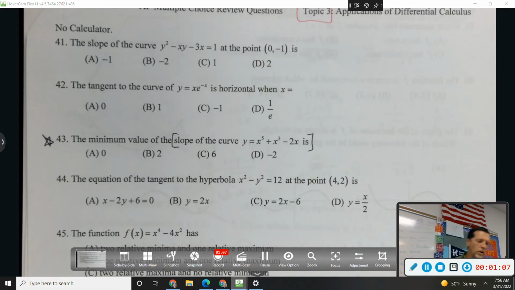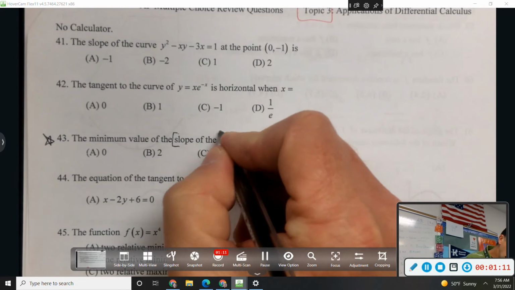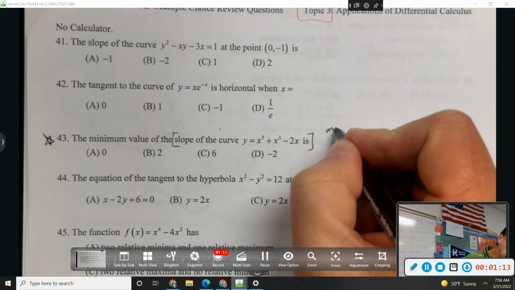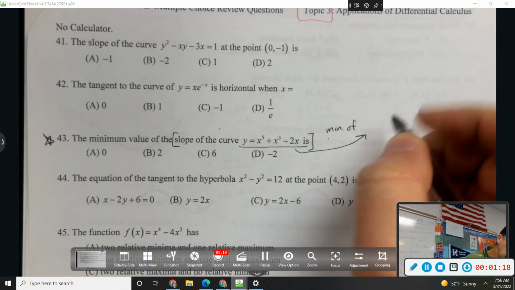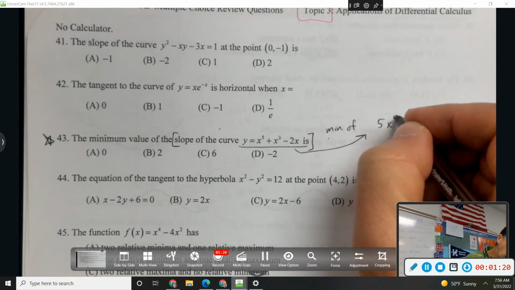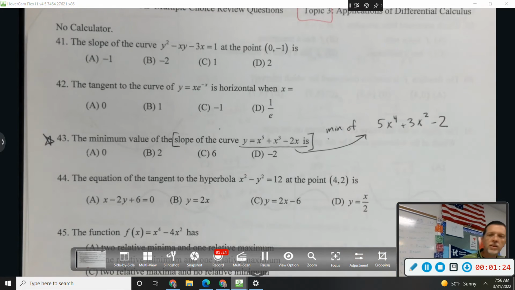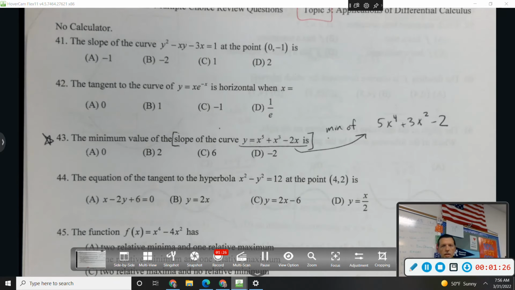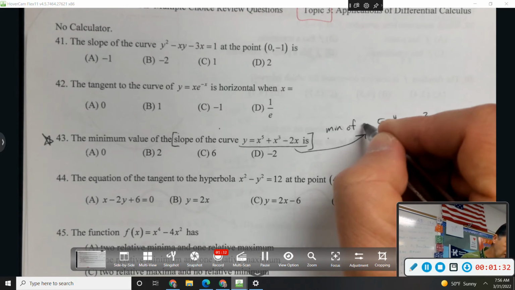So this is a weirdly worded question. So I want the minimum of, let's see, this derivative would be 5x to the 4th plus 3x squared minus 2. And to avoid the trick with all the derivatives going on, I'm just going to call that something else.